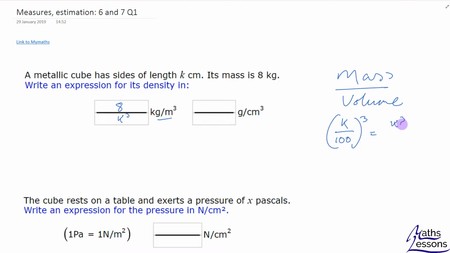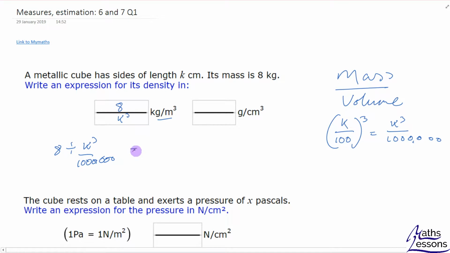That gives you k cubed over 1 million. So if we're going to do 8 divided by k cubed over 1 million, then that's equal to 8 times 1 million over k cubed.